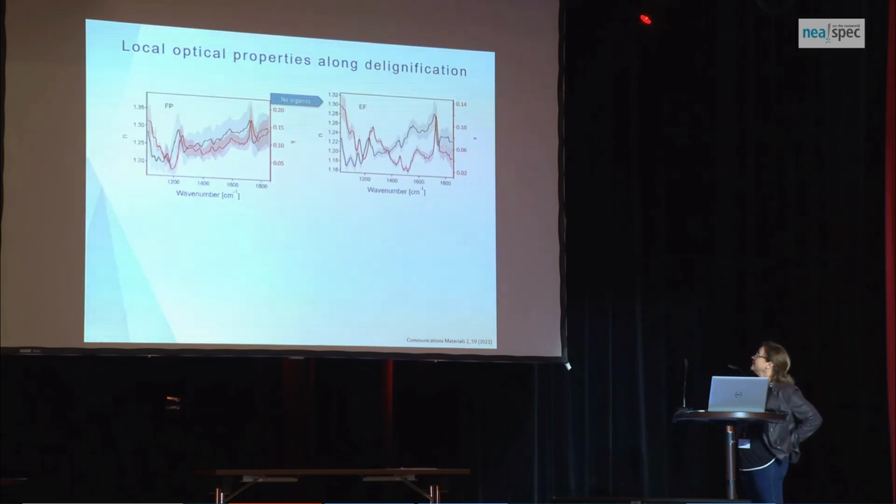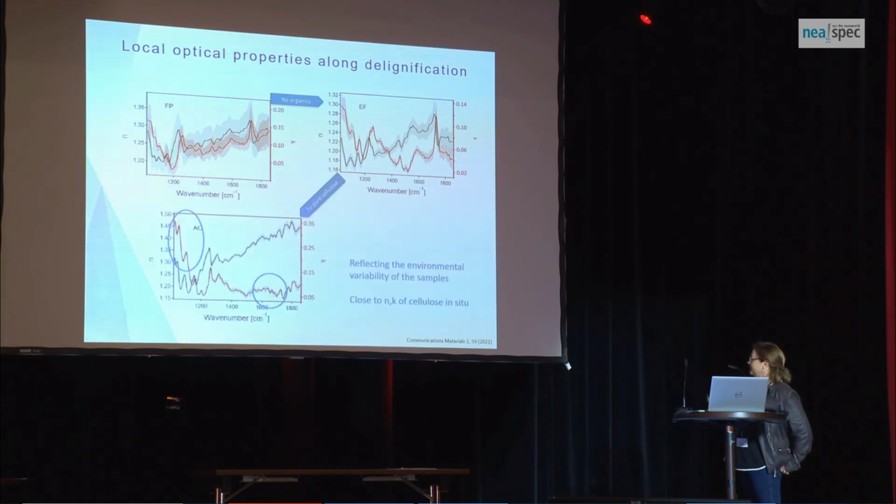And the main thing was to try to see if we could have some information from this optical property for our delignification process. So if you go from the raw sample to elimination of the fat, you already see that the shaded region that is the standard deviation and reflect basically the variability, the environmental variability of the region, reduce when we remove the fat.